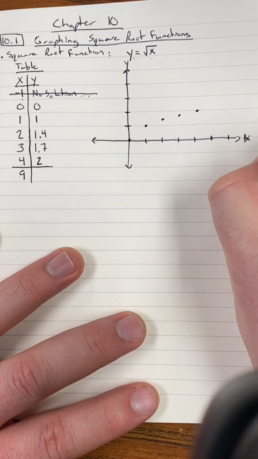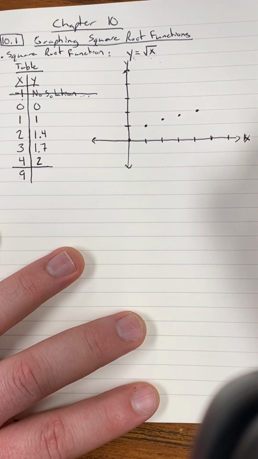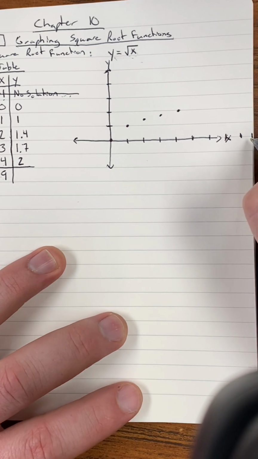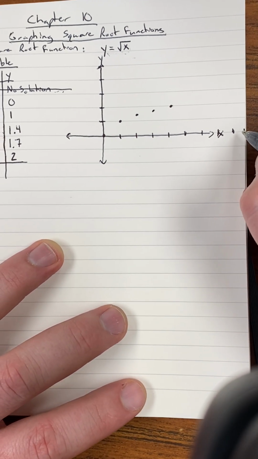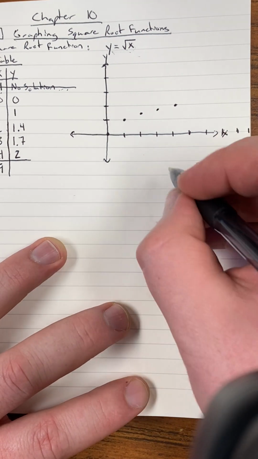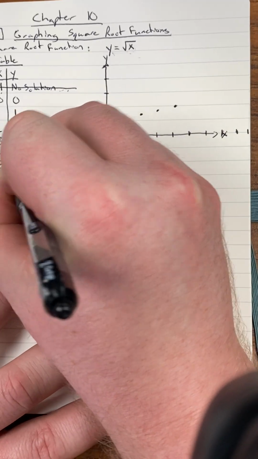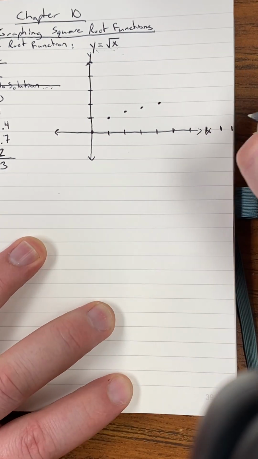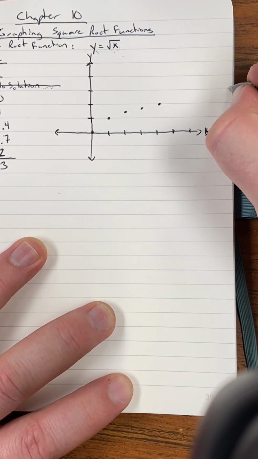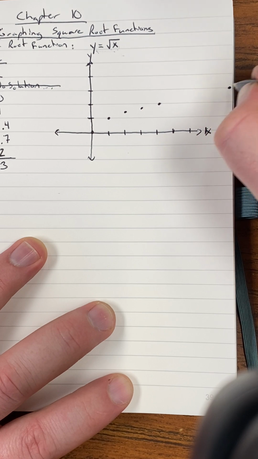Oh, it's going to be too far down, so I guess I'll just put it at the very edge of my paper. Okay, that'll be 9. And the answer I'm going to get from that one is going to be 3. So I'm going to plot that, 9, 3. It's going to be right here.